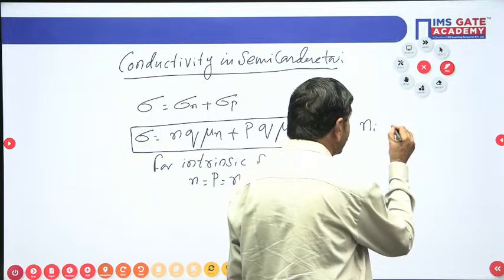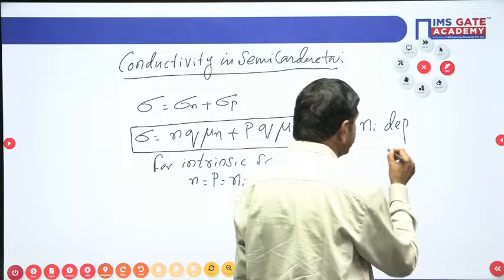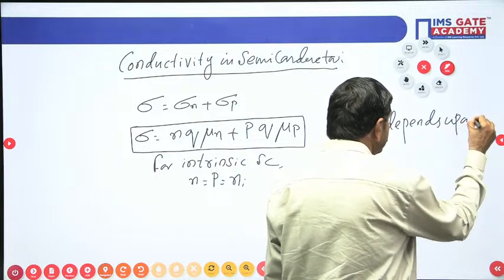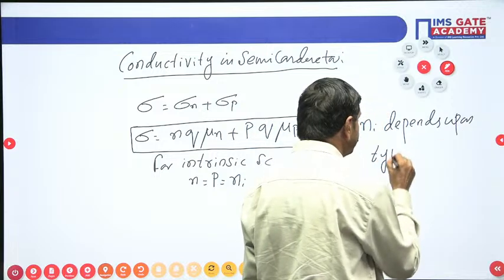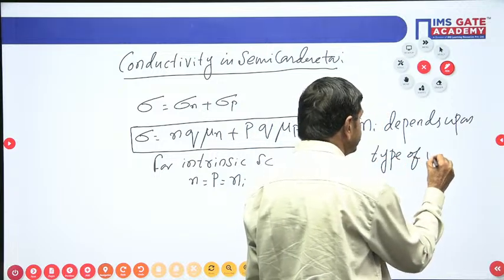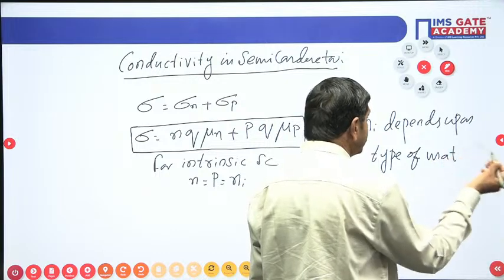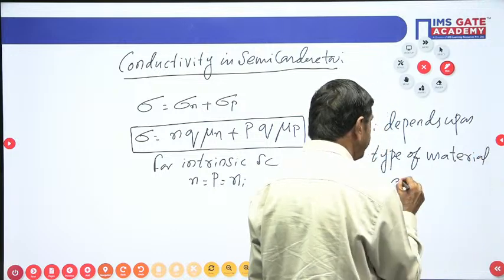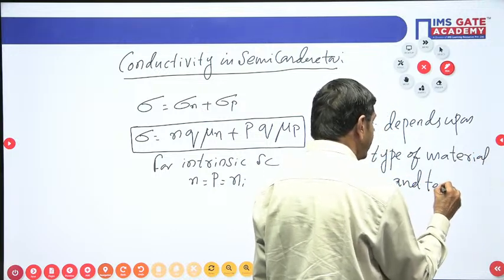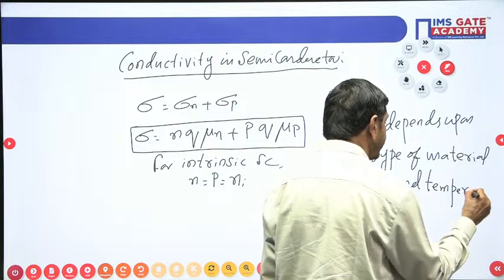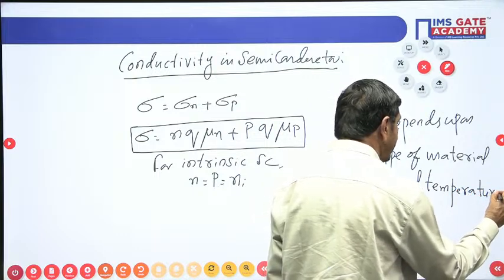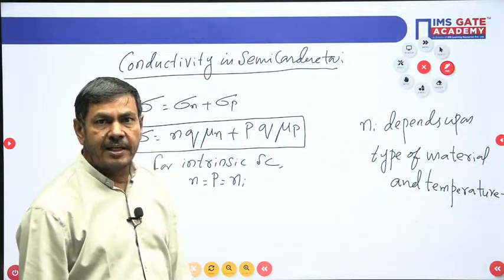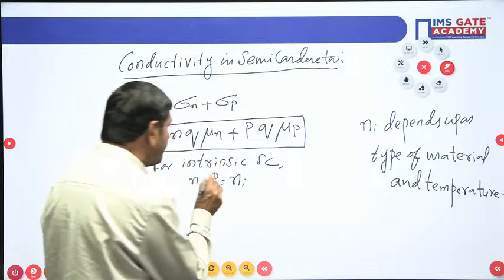Ni depends upon the type of material, since if the material changes, Ni also changes, and on temperature. It's very important. It depends upon these two factors only. Now we can write the formula: N equal to P equal to Ni.